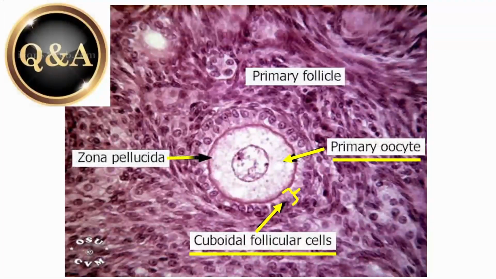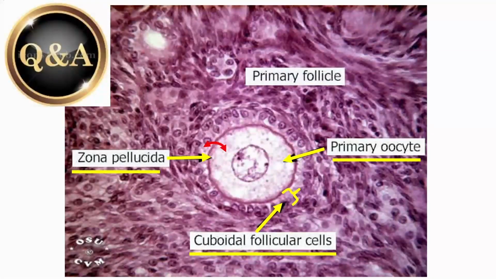Then we go to the point of this arrow, and we can see a dark line surrounding the ovum, and this is glycoprotein material secreted by both the ovum and the follicular cells, and it is called zona pellucida.